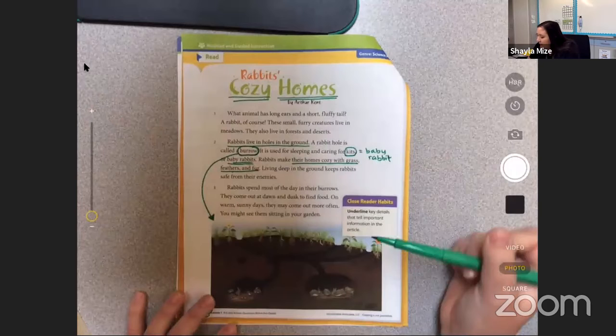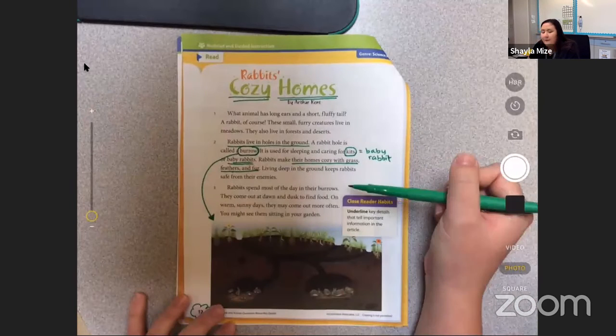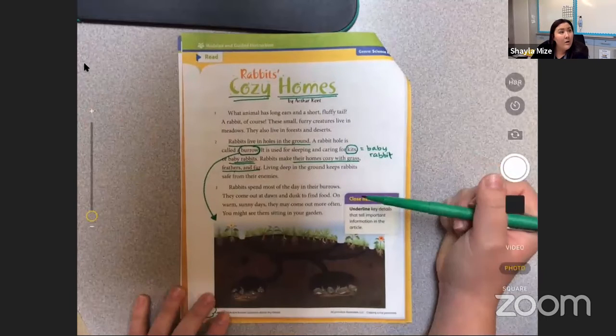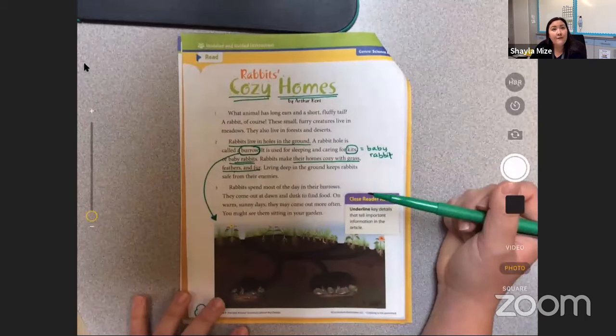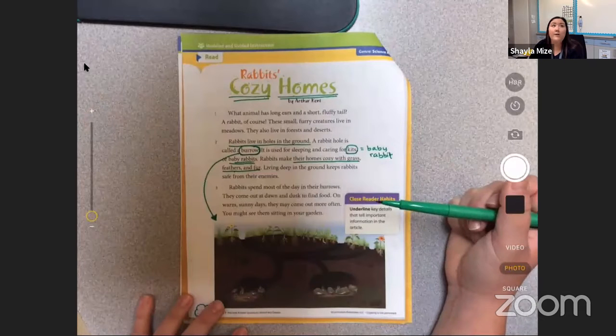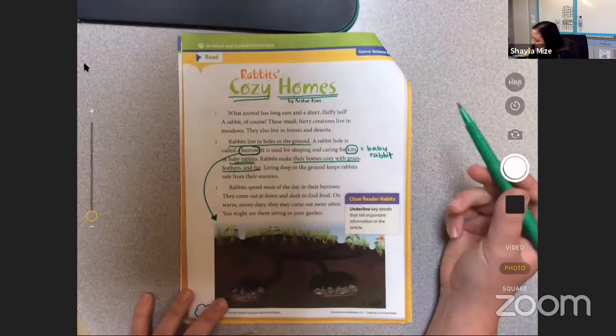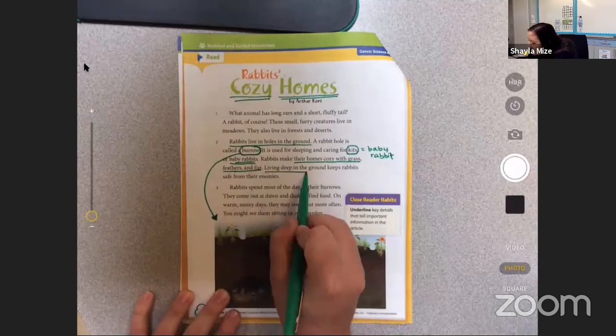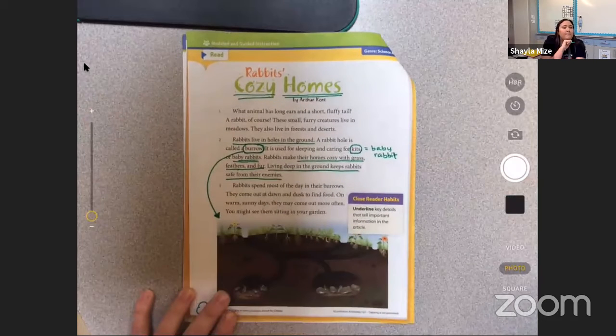Living deep in the ground keeps rabbits safe from their enemies. Is that important about homes? That it keeps them safe? Yes or no? Yes, I see lots of yeses. So living deep in the ground keeps rabbits safe from their enemies.